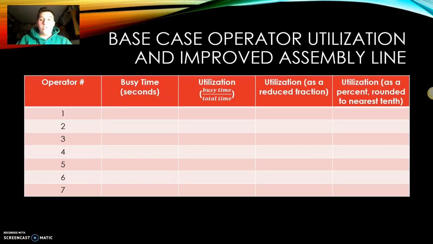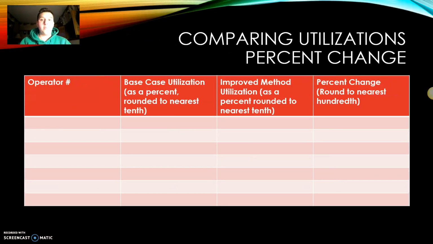In addition to this, we don't want to just present the company with two tables based on what was and what you have changed to. So in addition to this, we need to show them how things have changed. So we're going to do that using a table to compare the base case and the improved method that you're coming up with, and we're going to represent that using our percent change.